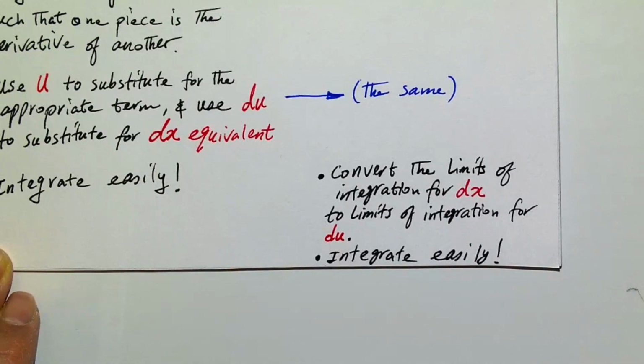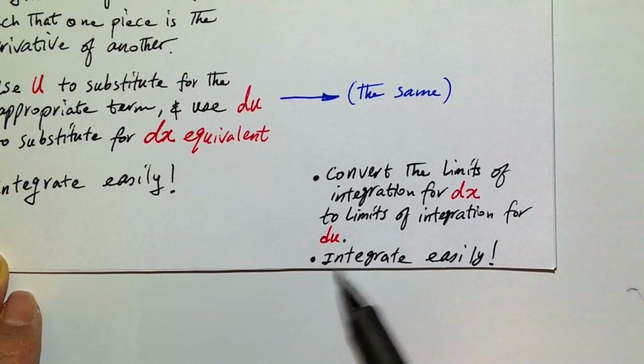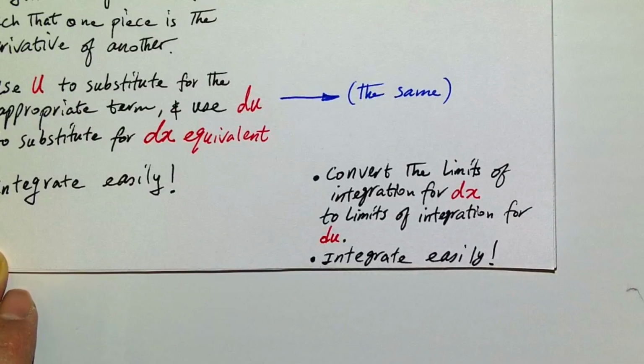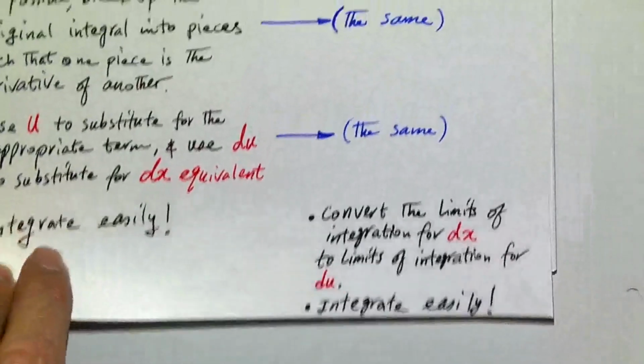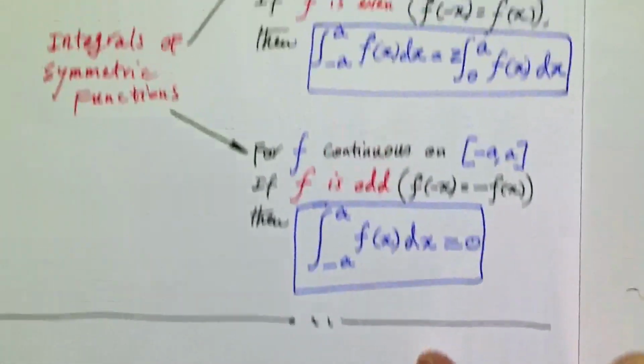We need to convert those limits, which were originally used for dx, to apply to du, because we have a new variable u. Therefore, the original limits for dx will not apply. We need to convert them. This is for definite integrals. And once we do that, then we can integrate easily. We will do plenty of examples, so you'll see exactly how this works.